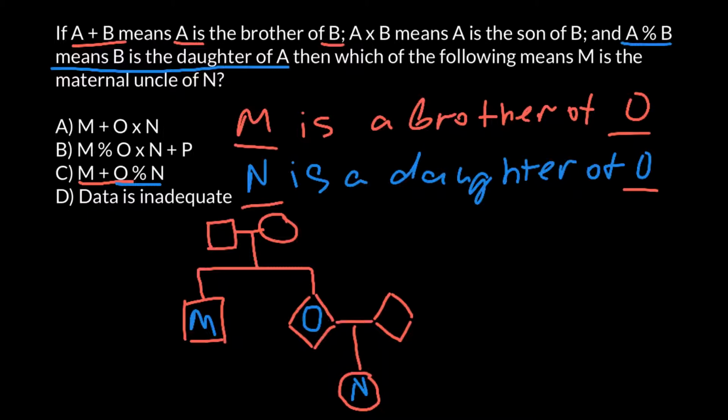And now let's return to our problem. Which of the following means M is the maternal uncle of N? We know from this pedigree that M is an uncle of N, but we don't know whether M is a maternal uncle or a paternal uncle, because we don't know the gender of O. That means we have to choose answer D. Data is inadequate, so we don't know the correct answer.